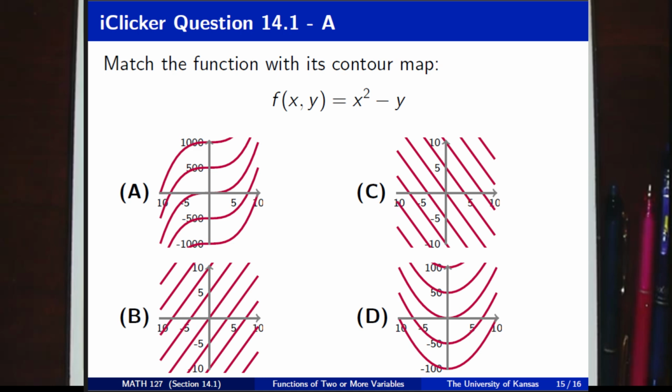So it gives me points in the domain with the value of the function, the output value of the function. Gives me height. So contour maps tell you level sets, and each level set tells you the points in the domain that give you the constant value for the function. The output of the function is constant.